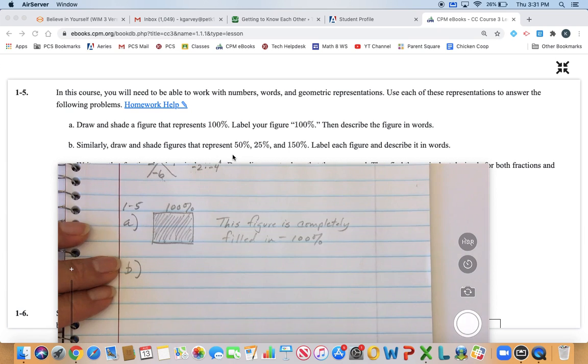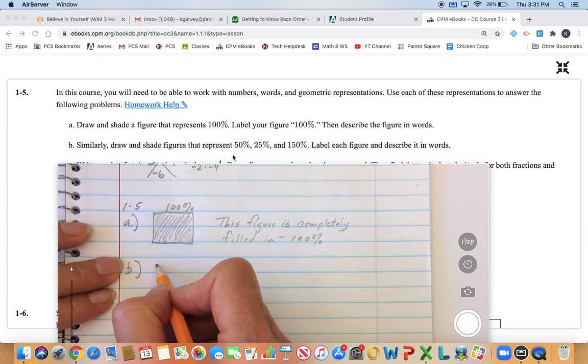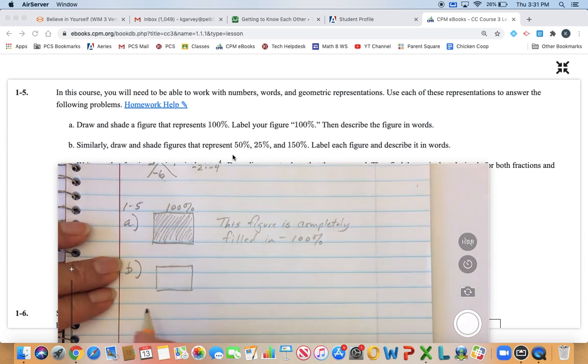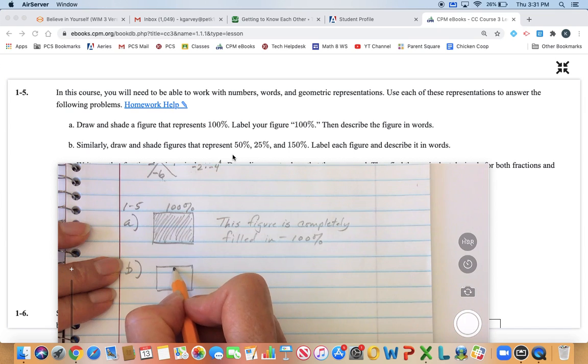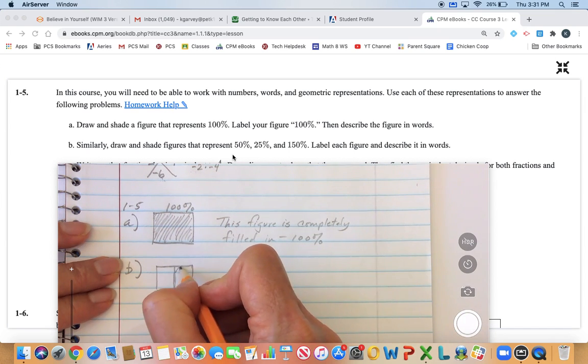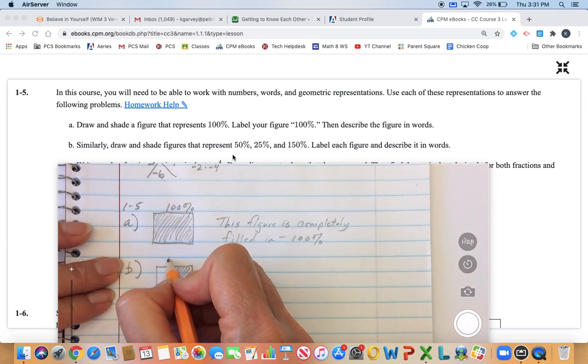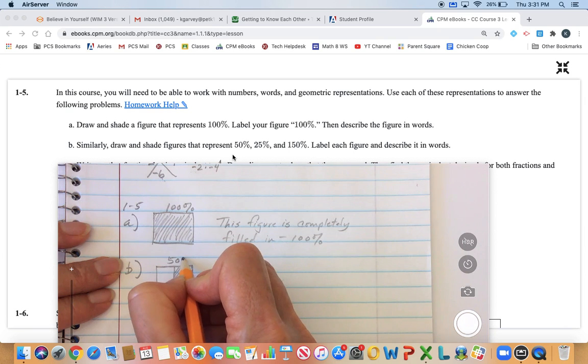Okay, so 50%, I'll do that one first. So I'm going to draw a rectangle again. And I know that 50% is about half. So I'm going to draw a line down the side, and then I'm going to shade half of it. I'll label this 50%.